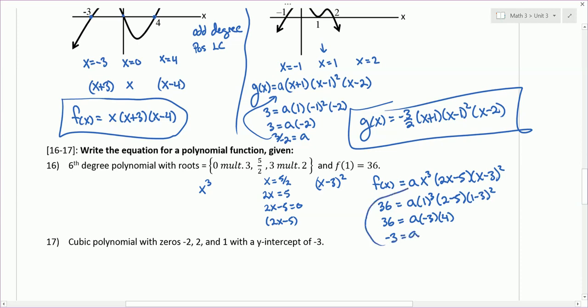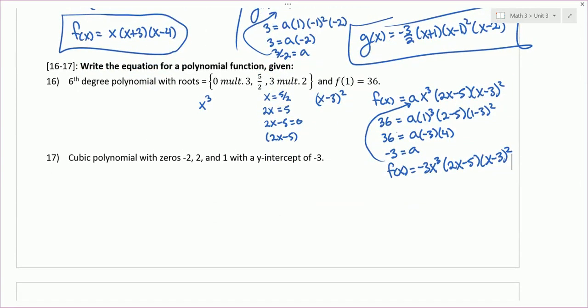Plug that back in, and we have our function f of x equals -3x cubed times 2x minus 5 times x minus 3 squared. 6th degree. It's a polynomial with those given roots and those multiplicities, and it goes through the point 1, 36.